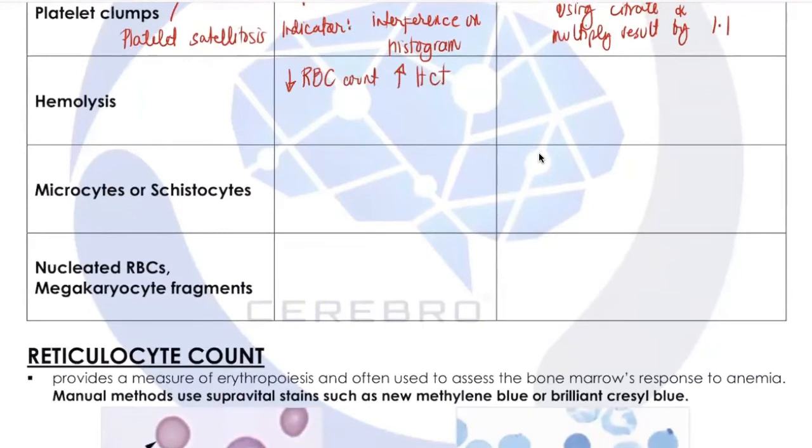Remember, guys, that the hematocrit is a derived value. Hematocrit is not measured directly by our analyzers. Instead, hematocrit is only solved based on your RBC count and the mean cell volume.